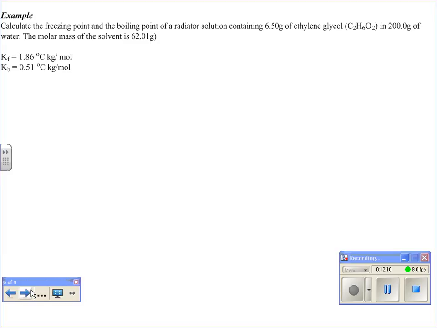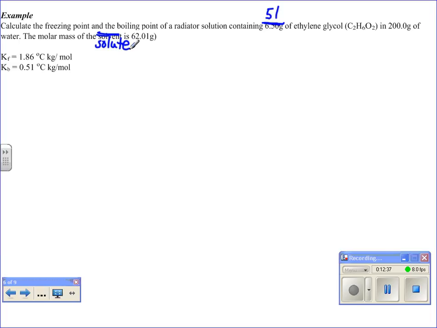Okay, so we're going to look at another example here, and I'm going to make a change to make it more realistic. We're going to use 51 grams of ethylene glycol, and this should be the solute here. We're going to calculate the freezing point and boiling point of a radiator solution containing 51 grams of ethylene glycol in 200 grams of water.